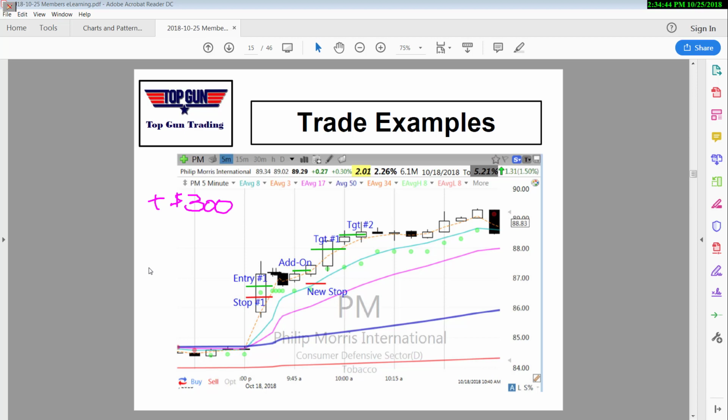Plus $300. Okay. Now on the other one, we had $2 on top of that. So we had $400 on the back half, the last 200, for a grand total of $700. And we risked 400 shares at 50 cents. So we risked 200.